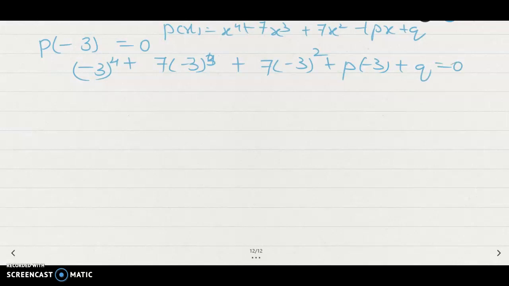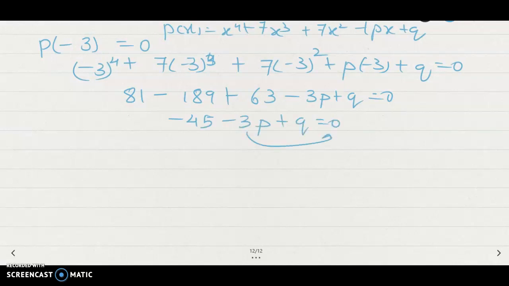Minus 3 raised to the power of 4 we will get 81. 7 into minus 3 raised to the power of 3 we will get minus 189, plus 7 into 3 square we will get 63. Minus 3p plus q must be 0. On simplification we get minus 45 minus 3p plus q must be 0.